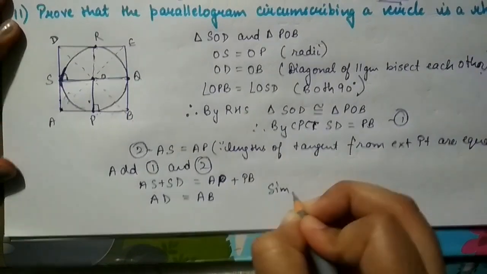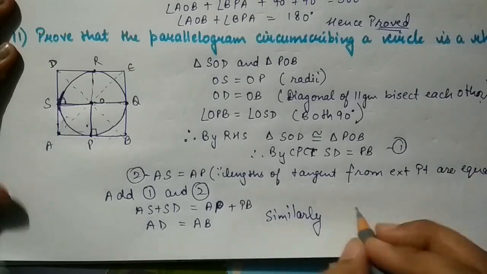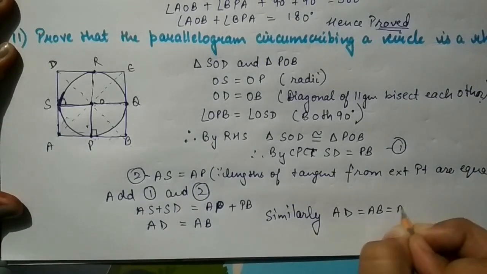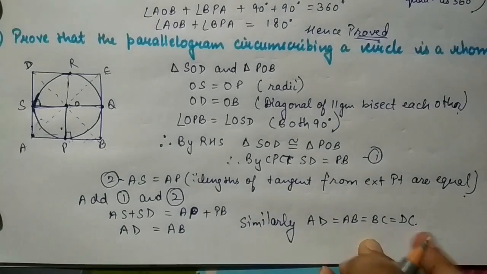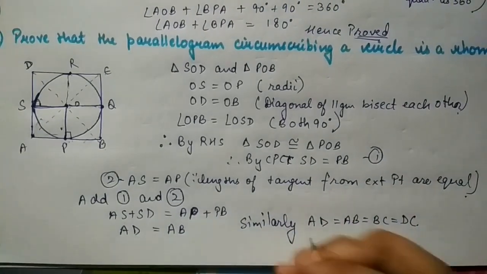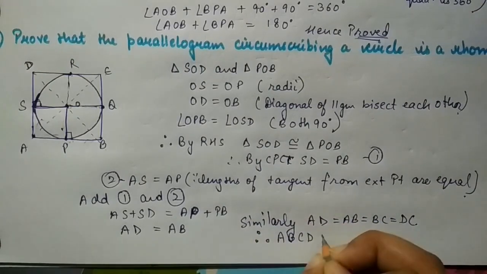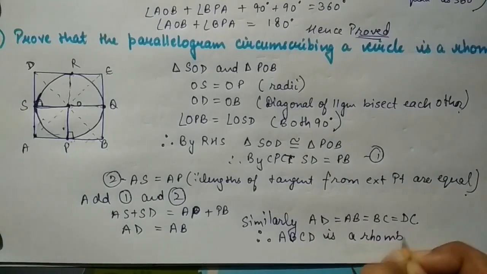So similarly, you will get all the sides to be equal, that is AD is equal to AB is equal to BC is equal to DC. Now since all the sides of the parallelogram are equal, therefore ABCD is a rhombus, hence proved.